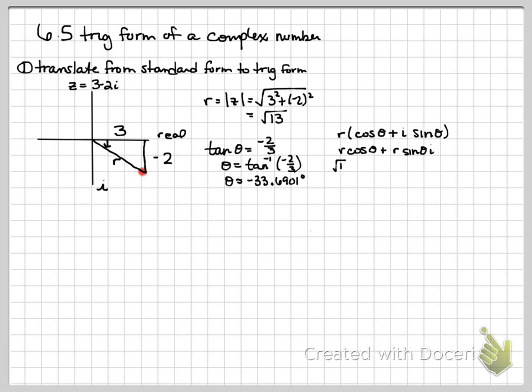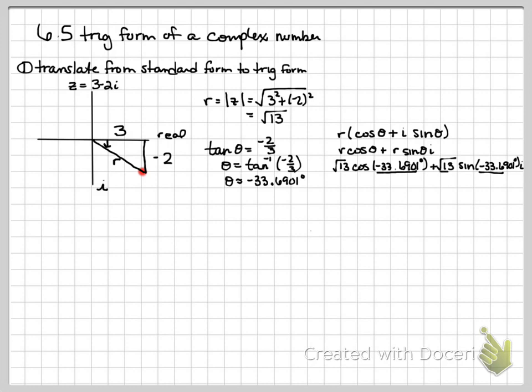So the square root of 13 cosine of the negative 33.6901 degrees plus the square root of 13 sine of the negative 33.6901 degrees i.